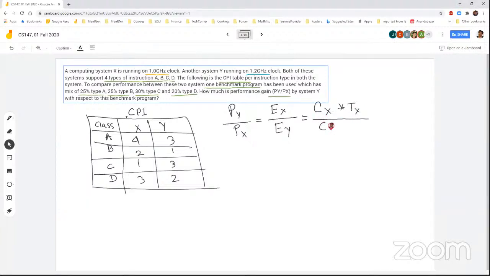The time period we can calculate from the frequency of the clock, right? What we need to do is compute the number of cycles. So let's say benchmark program B has a total of n instructions.